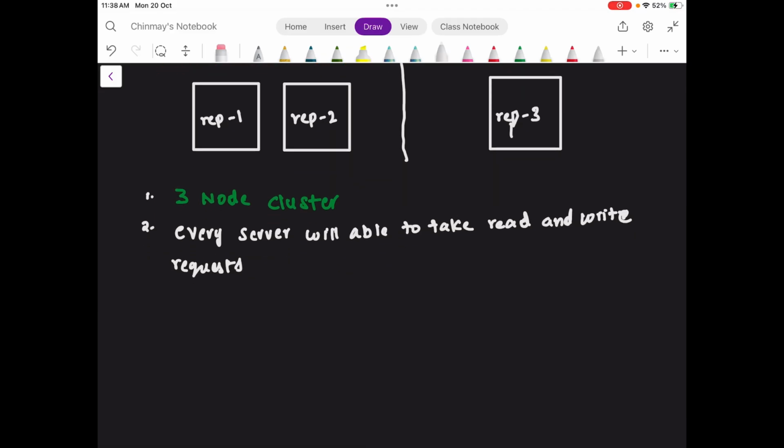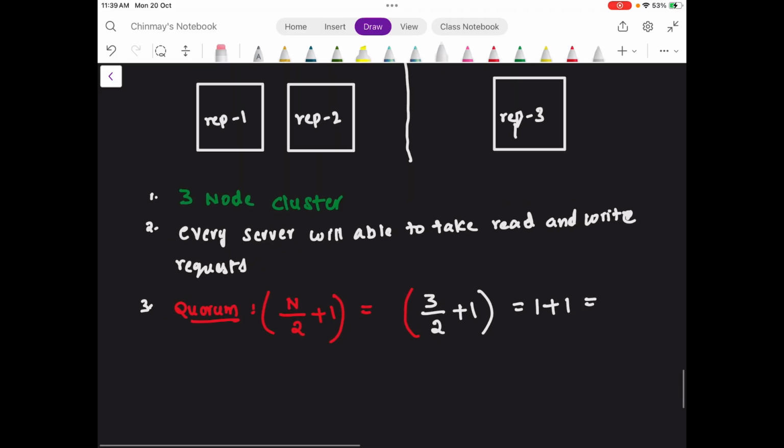But there is a quorum level in MySQL, a strict quorum level. Quorum level is generally n by 2 plus 1. That means for every read and write request, there are 3 nodes: 3 by 2 plus 1, and 3 by 2 is 1 programmatically, so 1 plus 1 is equal to 2.